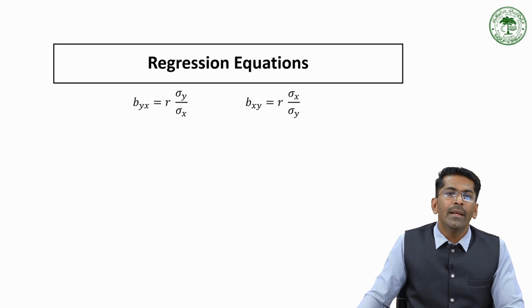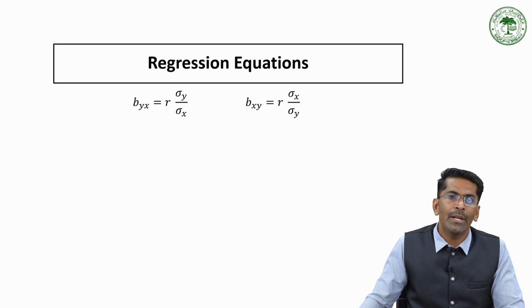Now, byx, the regression coefficient of y on x, equals the correlation coefficient into the standard deviation of y divided by the standard deviation of x, and bxy equals r into the standard deviation of x divided by the standard deviation of y. This is the regression coefficient for x on y. If we multiply byx into bxy, it equals r into standard deviation of x divided by standard deviation of y, into r into standard deviation of y divided by standard deviation of x.